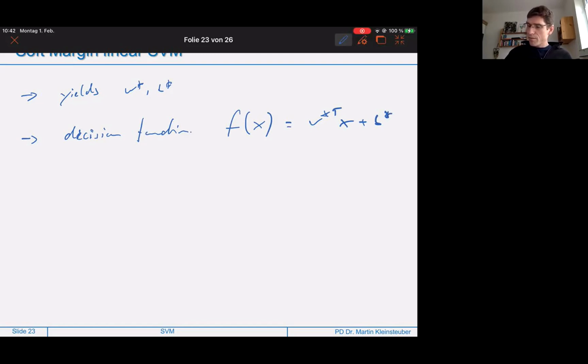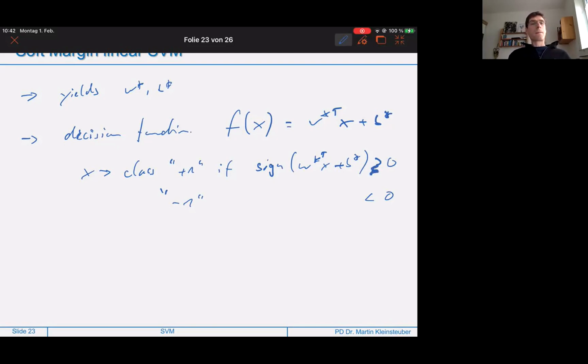So x is assigned to class +1 if the sign of W star transpose x plus B star is greater than 0, and you assign it to class -1 if it's smaller or equal to 0. Well, you can put the equal sign wherever you like. Okay, so this is your ultimate decision function for this linear case.